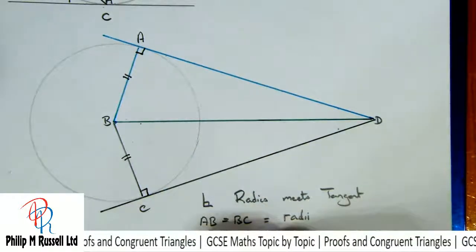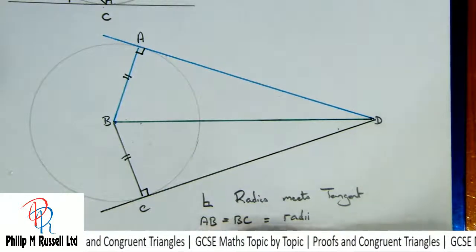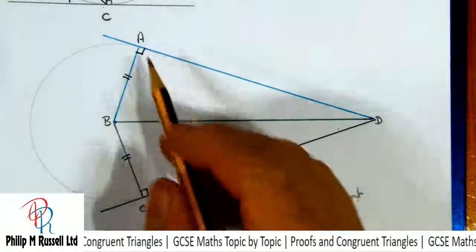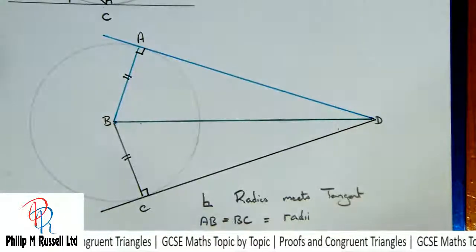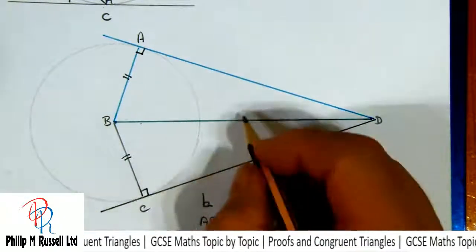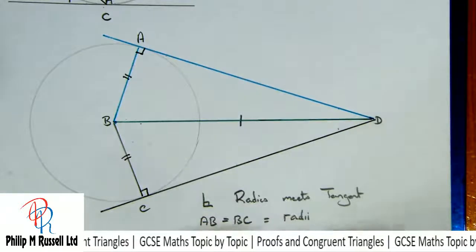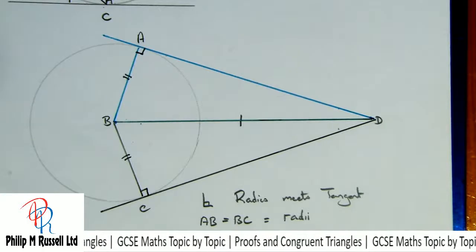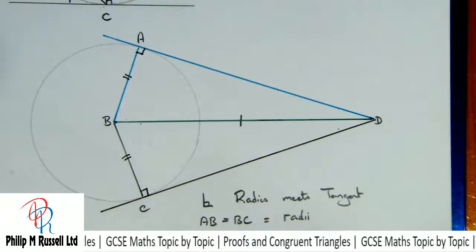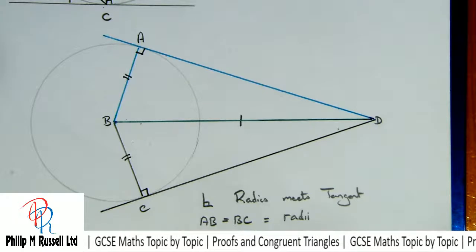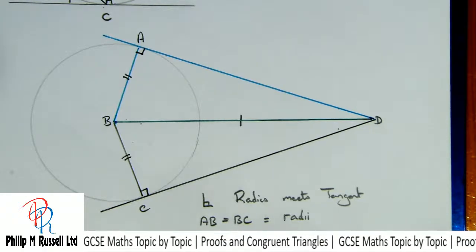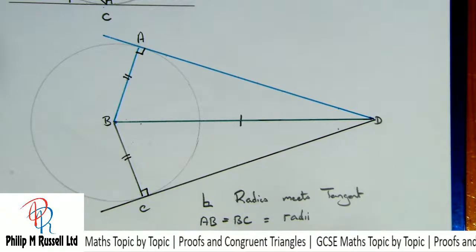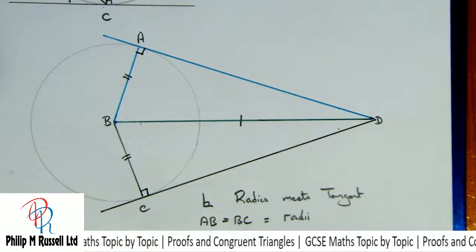And I know that BD is common to both triangles. And I've got a right angle, I've got the hypotenuse, and I've got the side. And so therefore triangles A, B, D are identical to triangle B, D, C.